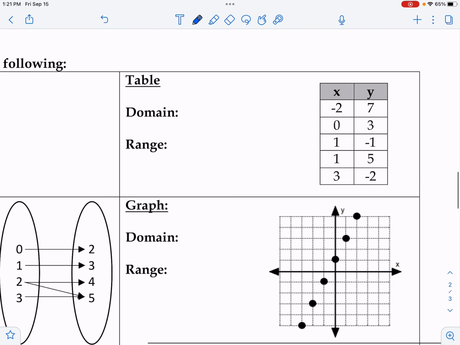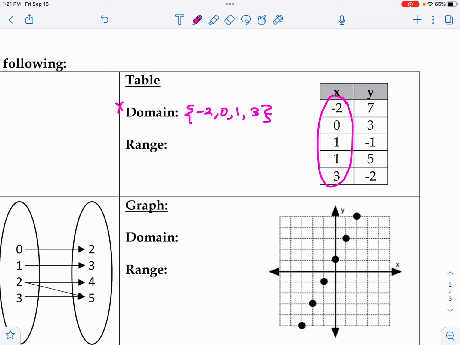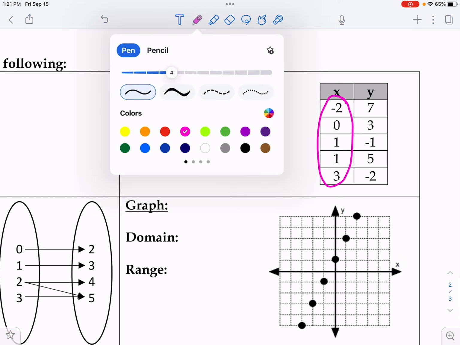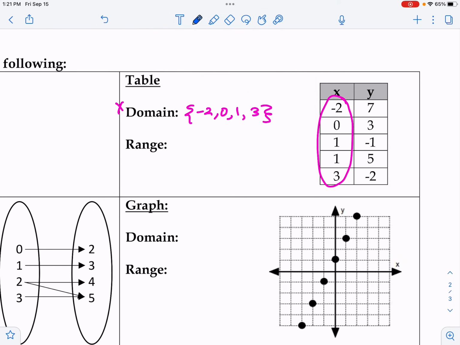If it's a table, it's even easier because they're all lined up for you. So here's your domain. We would have -2, 0, 1. Don't repeat the 1. Then 3, squiggly bracket. {-2, 0, 1, 3}. And then for the range, it's the y's.